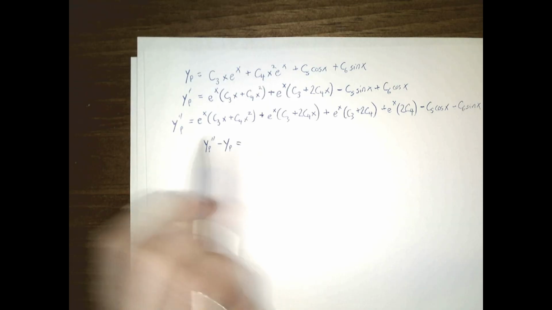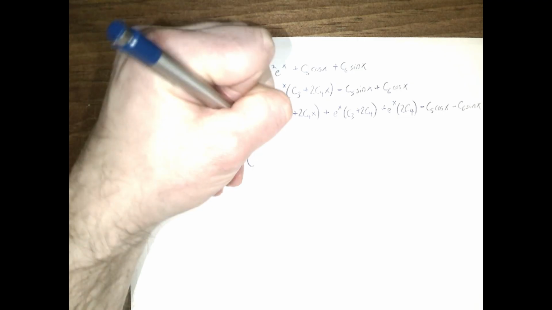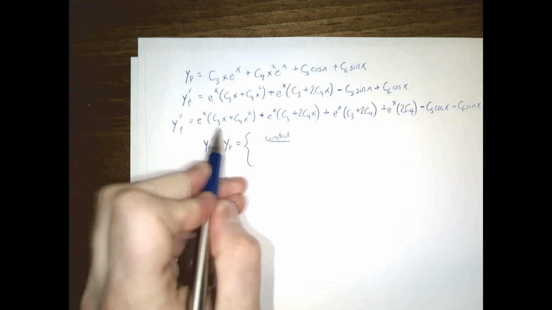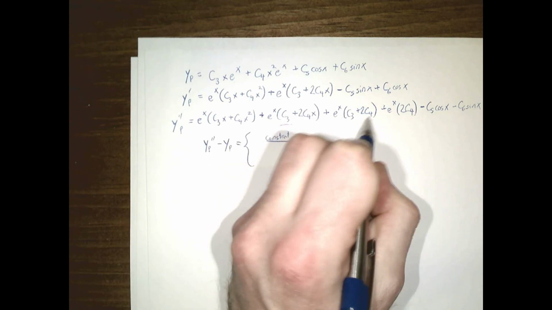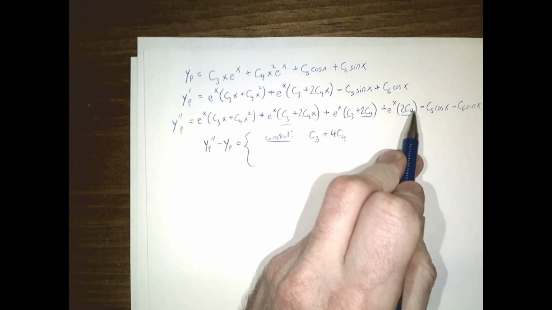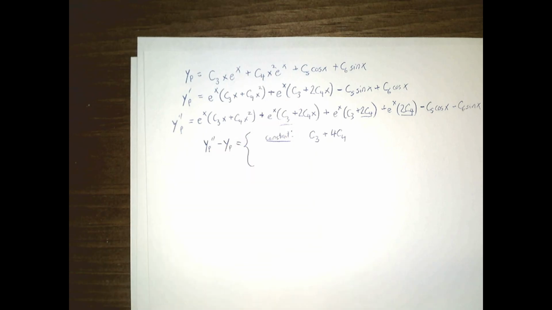I'm going to collect all of those and then build kind of what we're matching here. So the constants, we can kind of find them. There's one, there's another one, there's another one. So we get C3 plus 4C4, that's the 2C4 and another 2C4, minus the constant term, we don't have one.